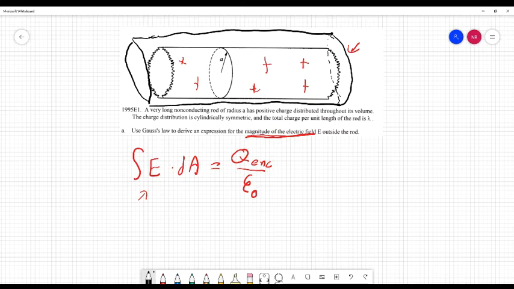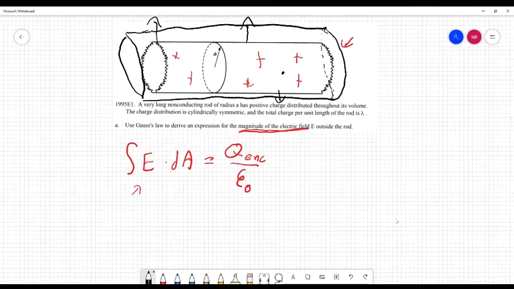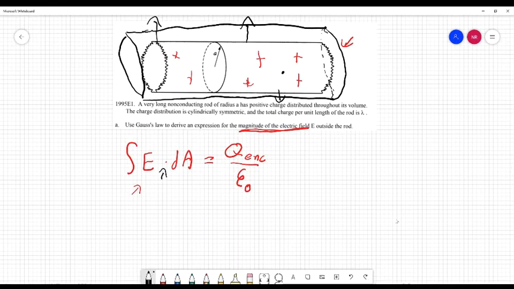Then all the electric field lines from this cylinder will be pointing out, through our Gaussian surface. So that means that we can get rid of this dot product here, because E and dA will always be perpendicular to each other, so we don't have to worry about that. But the thing that we do need to figure out is what Q enclosed would be.